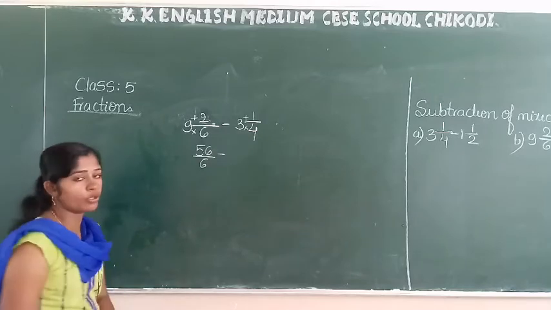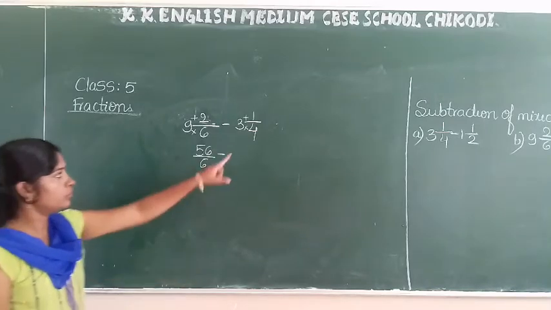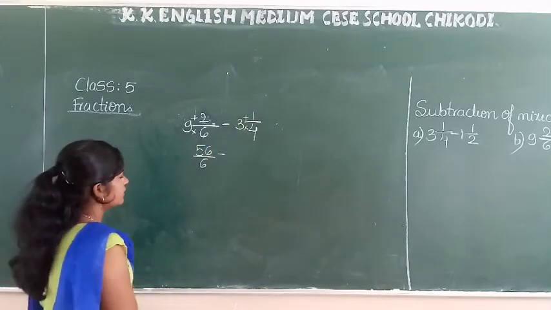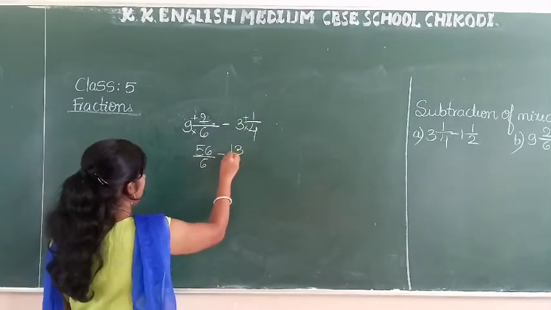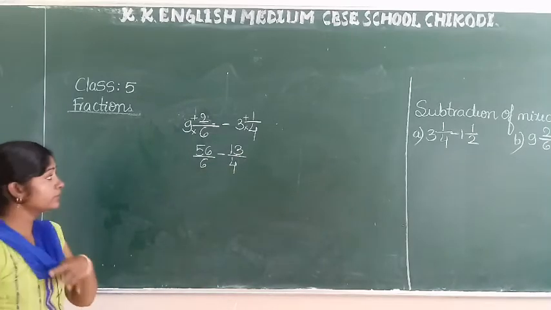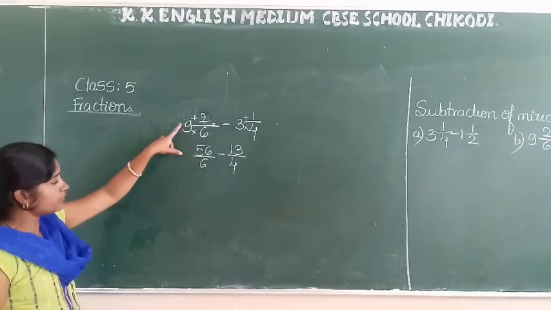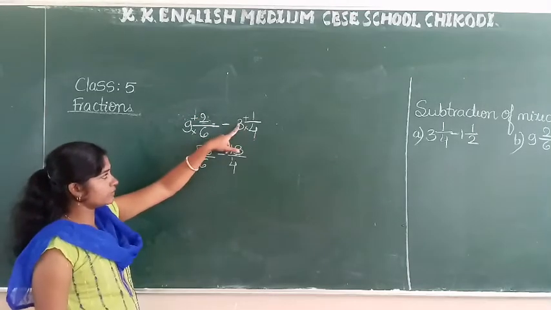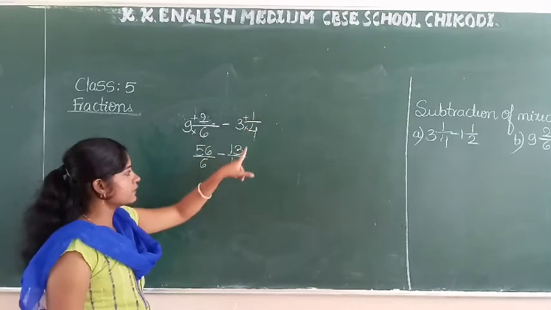Minus, 4 threes are 12. 12 plus 1 is 13, so 13 by 4. I hope you are getting my point.